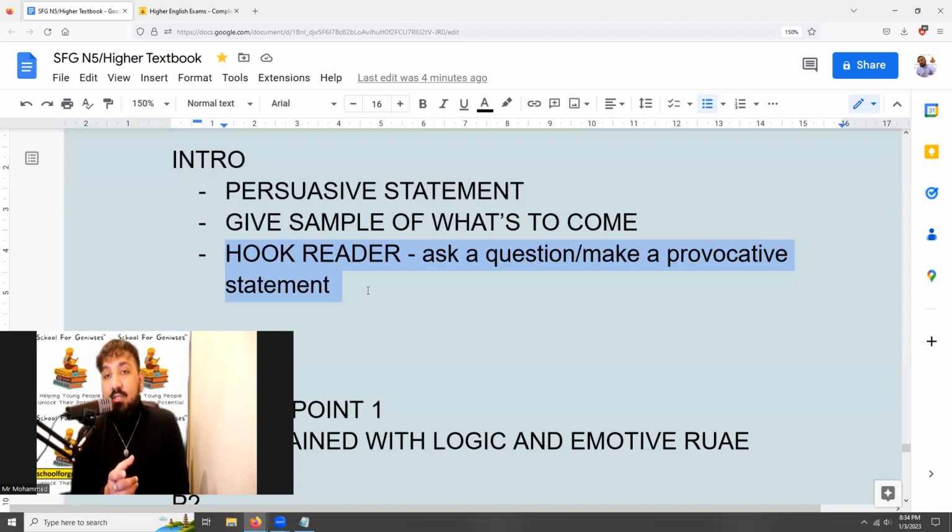So again, the introduction gives the statement, telling the reader this essay is going to be about this topic. It then gives a little sample of what your essay is going to talk about. Just focus on your three main points. You can even list them out and give a little bit of detail. Animal testing is inhumane. Many animals each year are harmed by it.